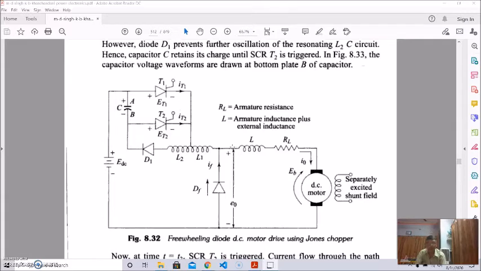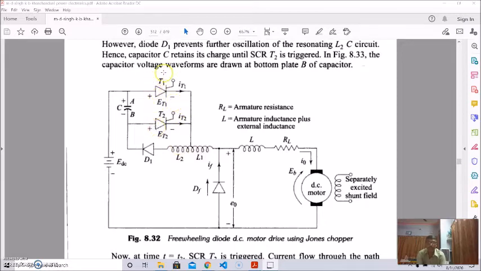In this chopper circuit, thyristor T1 is the main thyristor, whereas thyristor T2, capacitor C, diode D1, and this tapped auto transformer T form the commutating circuit for the main thyristor T1.